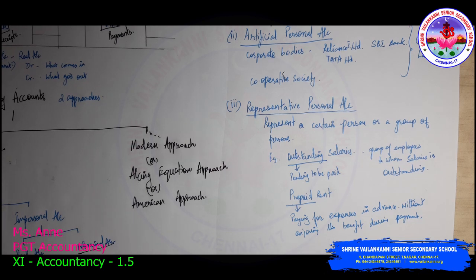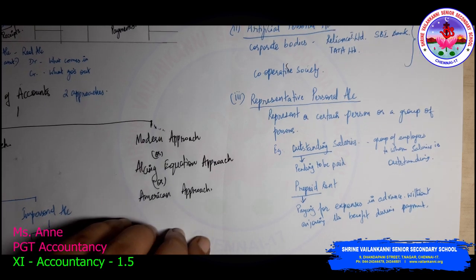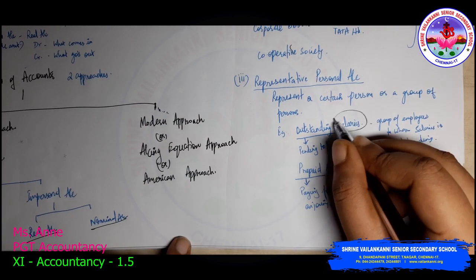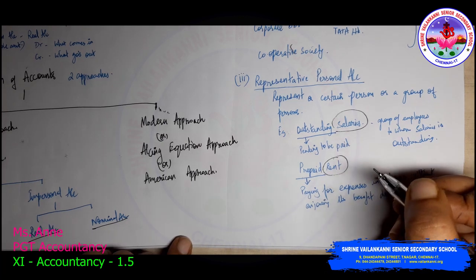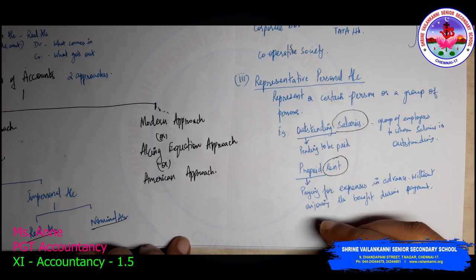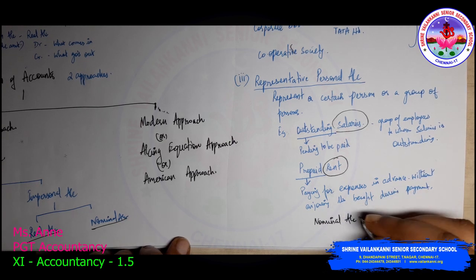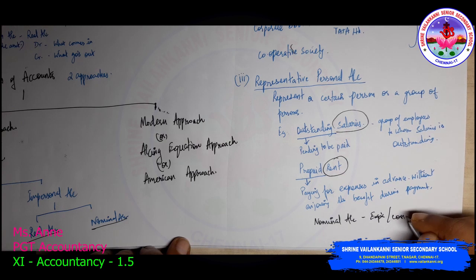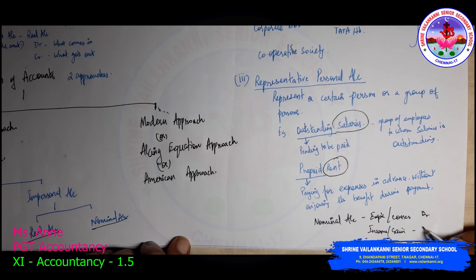Now one trick I'll tell you. Salaries, rent, all these things are nominal. Nominal account is nothing but all expenses and losses you debit, all income and gains you credit.